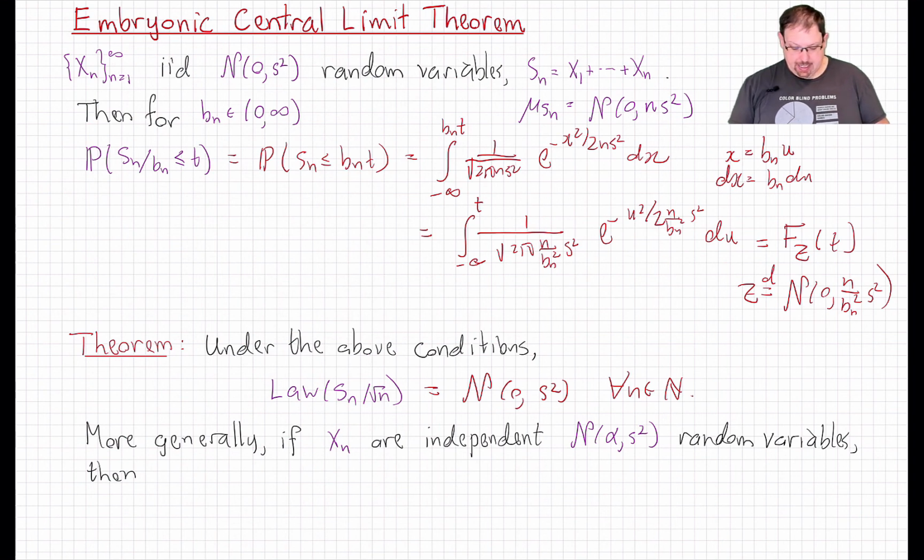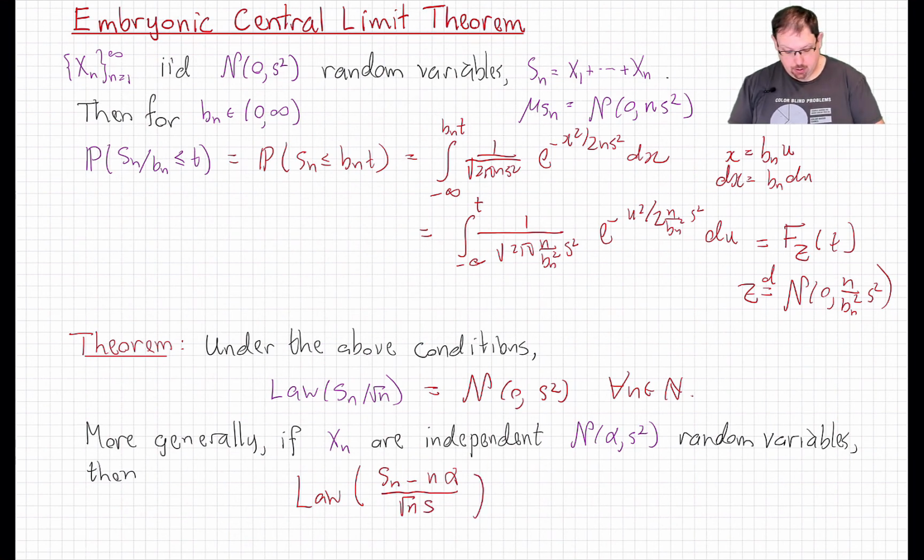If I take a sequence of independent and identically distributed normals of mean alpha and variance s squared, then the law of Sn, the sum, minus n times alpha, which is the expected value of that sum, divided by the square root of n times s, the standard deviation, will constantly equal the standard normal law for all n.